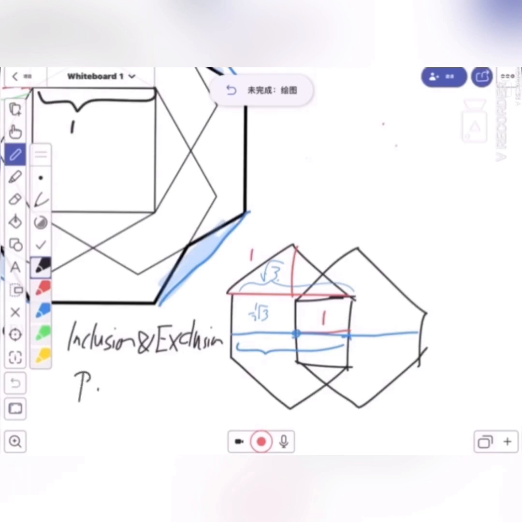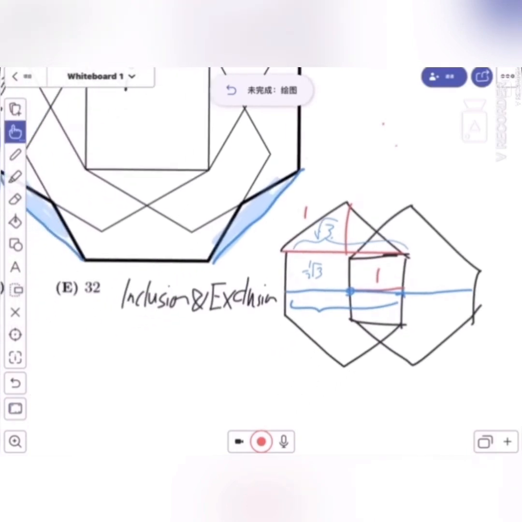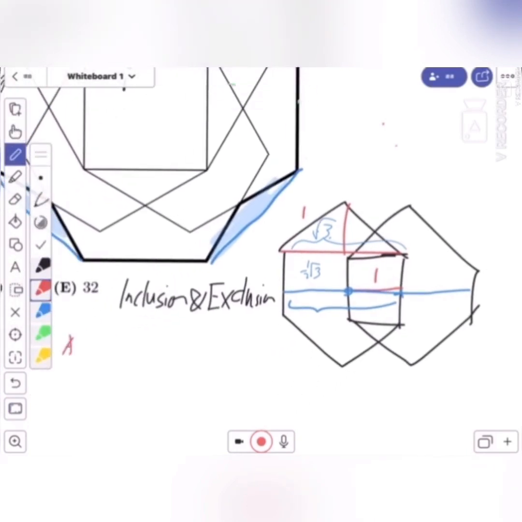It's also called the PIE terminology, which is that the union of A and B, where A and B are sets, is equal to the number of elements in A plus the number of elements in B minus the intersection of A and B. And this one is pretty easy to visualize.